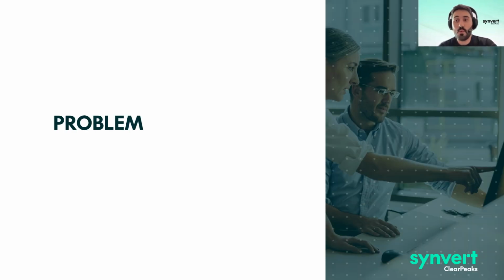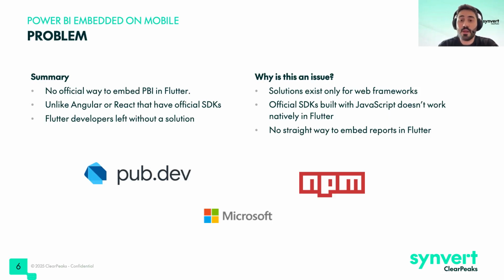Okay, so let's see what are the problems that we face in this case. Microsoft already has available an NPM package that is built on JavaScript and is available for web frameworks like Angular and React. Despite this, they don't have any official way to embed Power BI in Flutter or in a mobile application. So any Flutter developer is left without a solution.